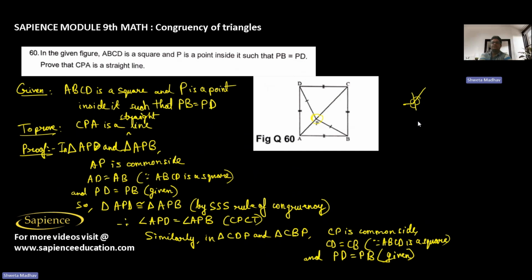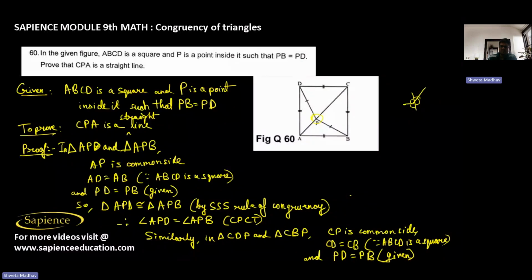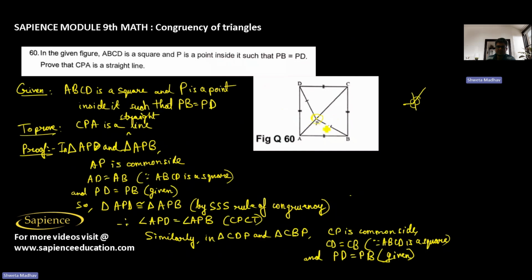So we can say that it is twice of angle CPD plus angle, since the sum of the angles about this point P will be equal to 360 degrees, and it is also proved that angle CPD equals angle CPB.